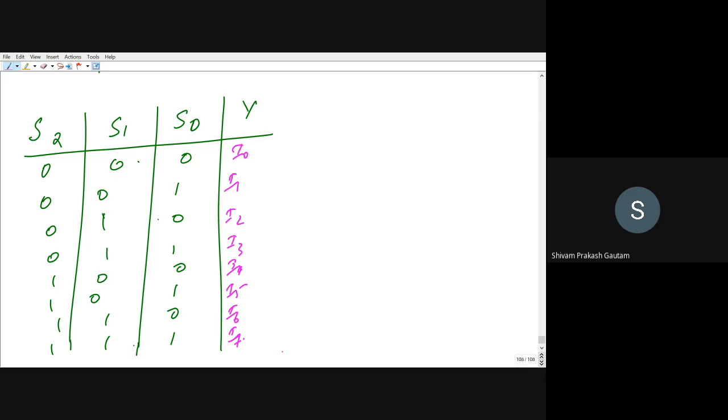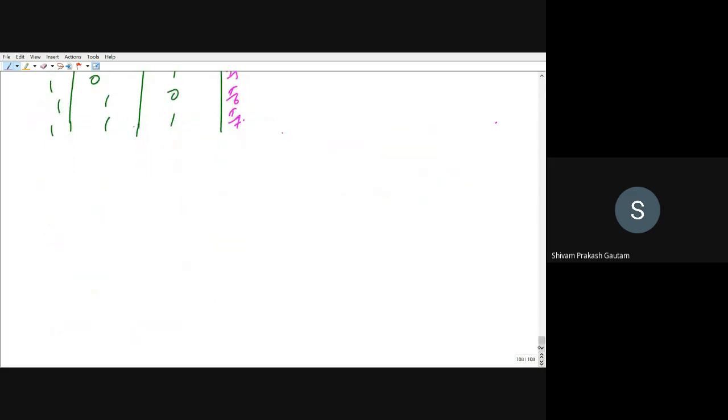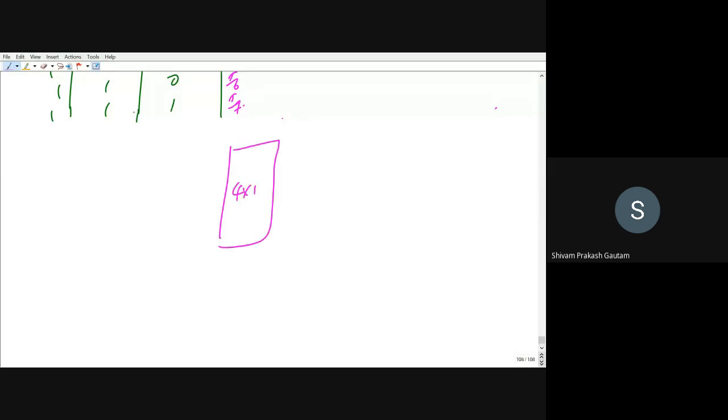To implement it, we will use one extra input, that is enable, and we will use S2 as enable. For example, we have a 4 cross 1 mux and another 4 cross 1 mux.